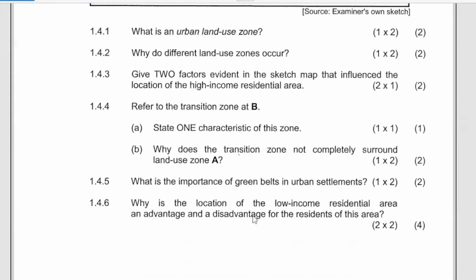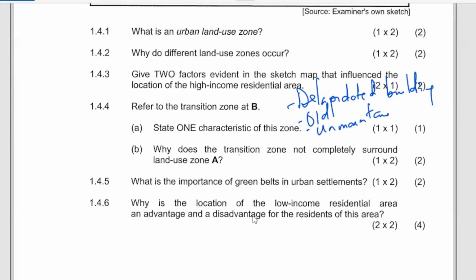Right, you can look at dilapidated buildings. In most instances, we're saying those buildings are old and unmaintained. And also, we can justify that the area is a transition.